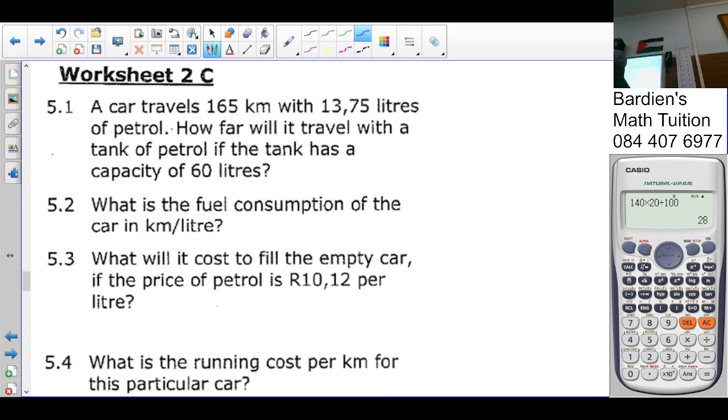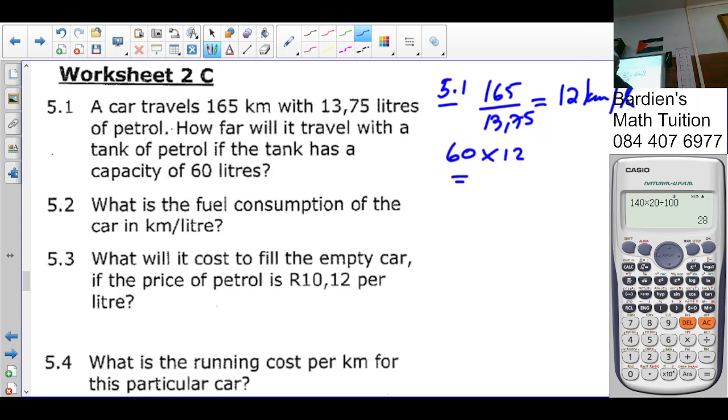So I need to know how far does 1 liter take us, not so? So it's 165 divided by 13.75 liters. Will give us 12 kilometers per liter. 60 liters. 60 times 12 gives us 720 kilometers.